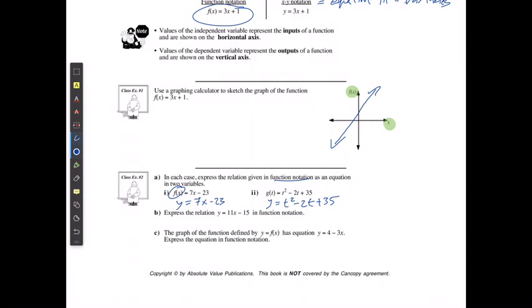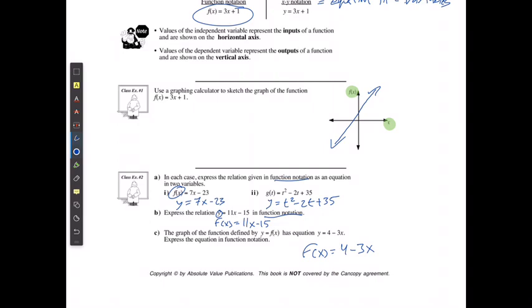If I'm going in the opposite direction, if I want to express a function in function notation, I'm just going to replace the y with f of x, so f of x is equal to 11x minus 15. Or in C, when it says the graph of the function defined by y is equal to f of x has an equation y is equal to 4 minus 3x, expressed in function notation, well, f of x is going to equal 4 minus 3x.